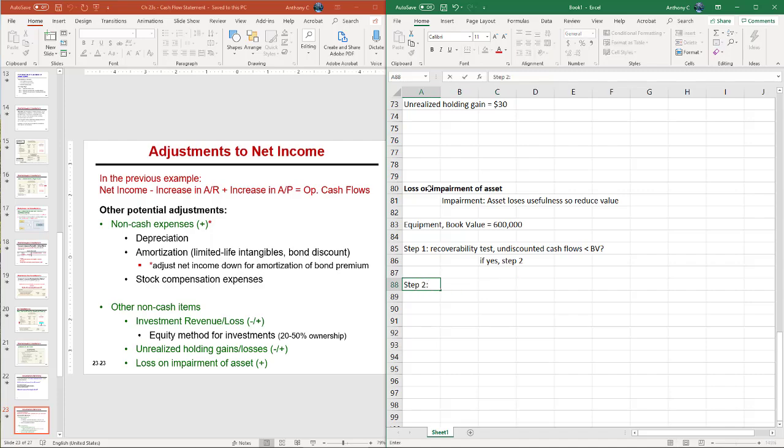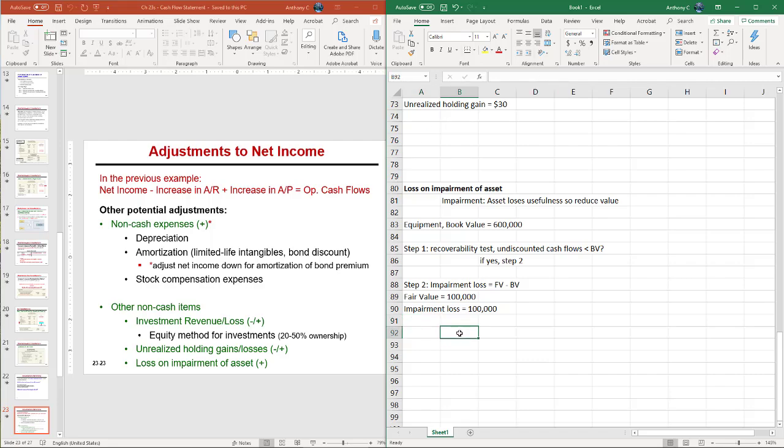Right, if we answer no to step one, then there's just no impairment. So in step two, we compare the book value to the fair value, and our impairment loss is the amount by which the fair value is less than the book value. Right, so let's just say our fair value here is $100,000. So we would have an impairment loss equal to $100,000.